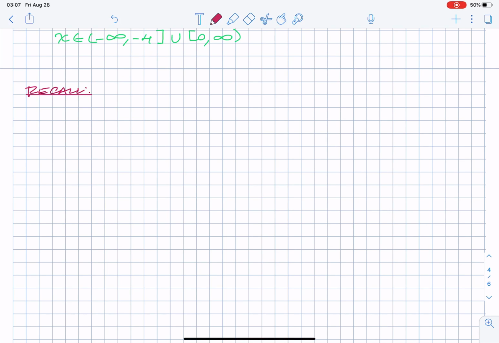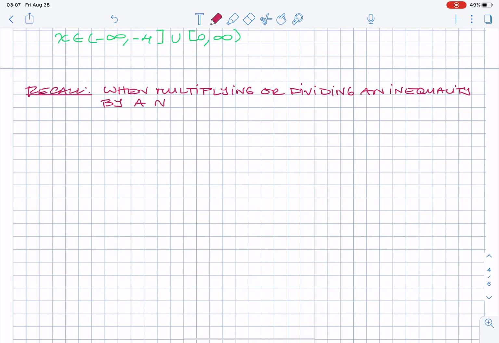When multiplying or dividing an inequality by a negative number, we swap the inequality sign.